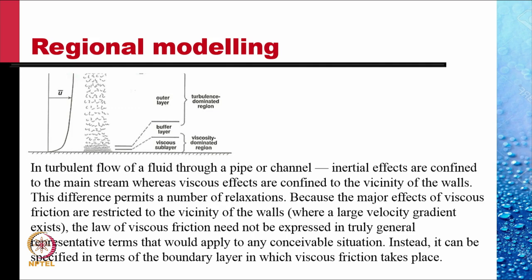This difference permits a number of relaxations, because the major effects of viscous friction are restricted to the vicinity of the wall, where a large velocity gradient exists. The laws of viscous friction need not be expressed in truly general representative terms that would apply to any conceivable situation. Instead, it can be specified in terms of the boundary layer in which viscous friction takes place.